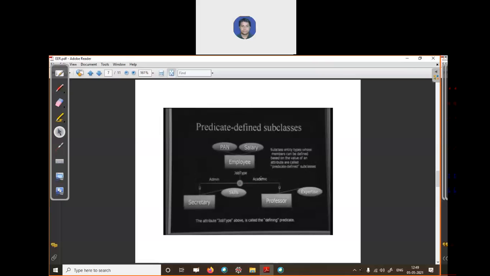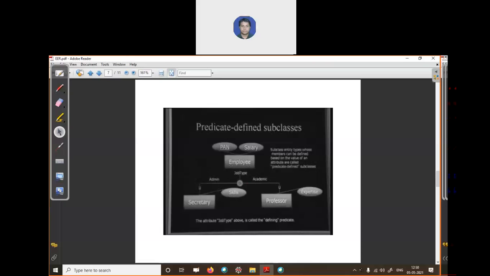Here secretary and professor are the two subclasses of employee, and we have separated these two subclasses based on job type. Secretary has its own job type and professor has its own job type. Based on job type we have separated these two entity types. So when we define the predicate, it is a predicate-defined subclass.